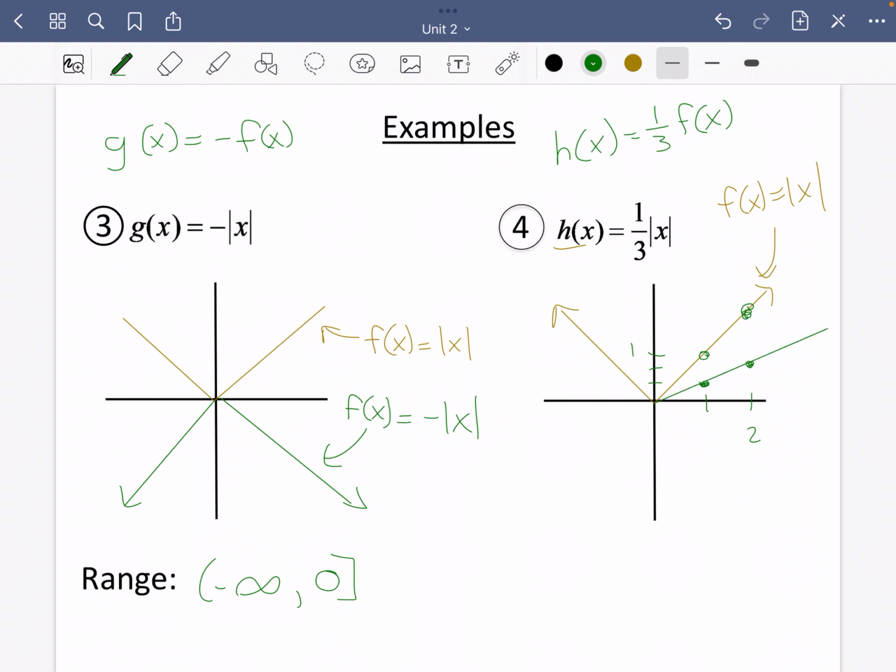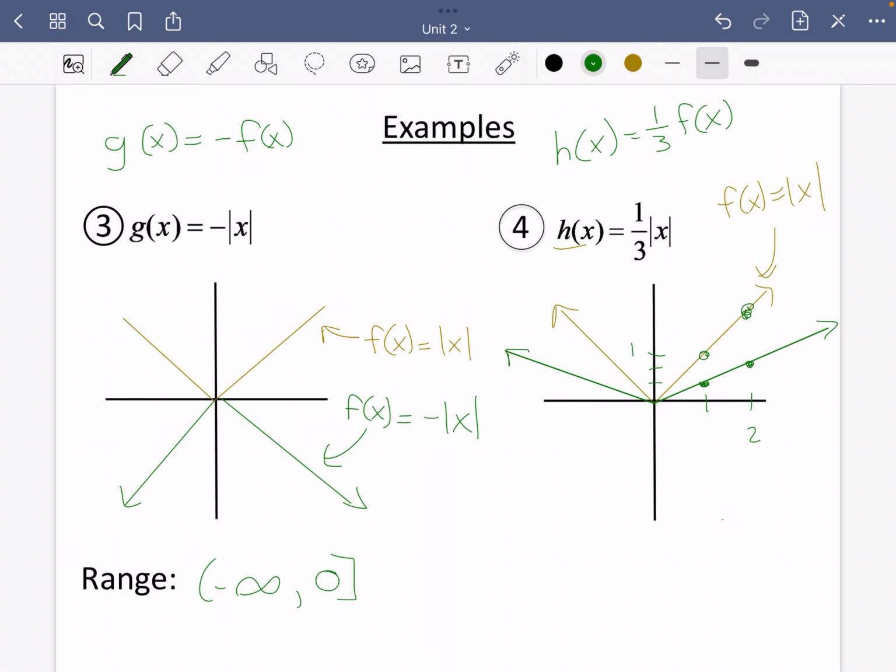They are 1/3 the size that they used to be, 1/3 of the height that they used to be. And so this graph still looks like a V, it's just been compressed a little bit more. It is flattened, and so we have our picture right there. So we still see the parent graph, we just have a compressed version of that parent graph.